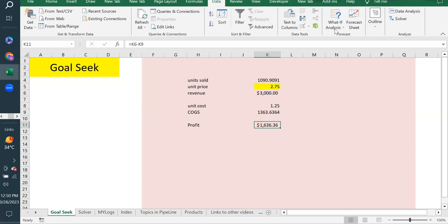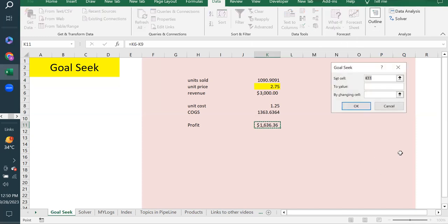So you will go to What-If Analysis, and you will click Goal Seek. This time your focus is K11, the profit, and you want to set it to 2,000, right?